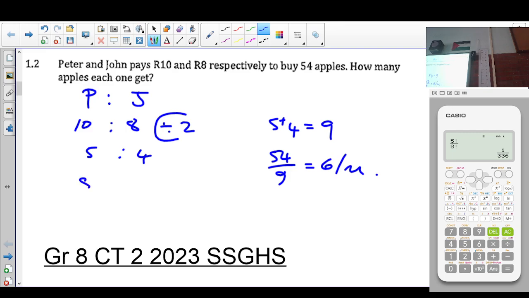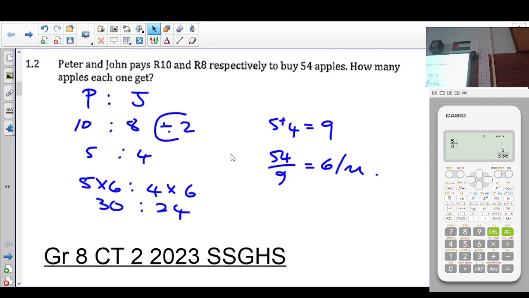So Peter's getting 5 of those. He has 5 units at 6 per unit. And John has 4 at 6 per unit. So he's going to get 30, what Peter gets, and John gets 20. Okay. Any confusion there?